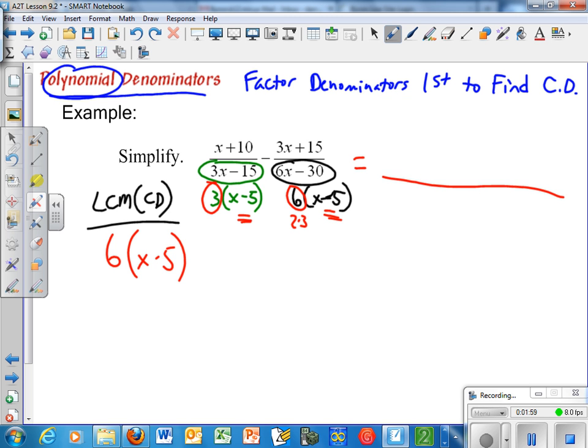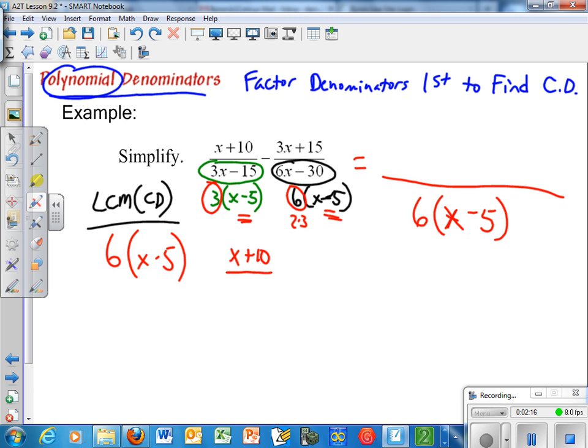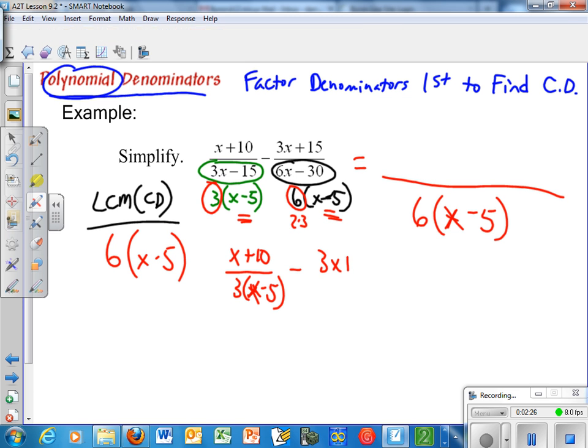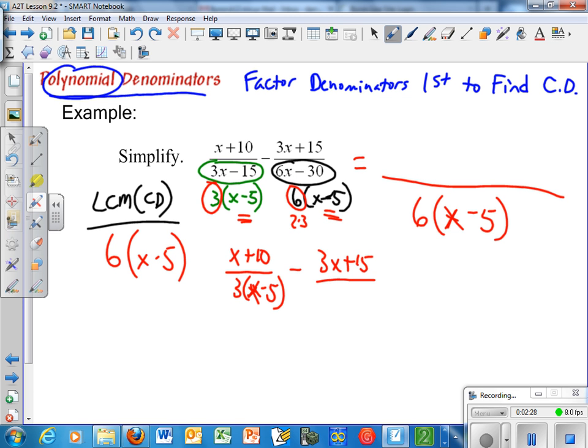All right. Let's take a look here, and you've got to show your work step by step. So my common denominator is 6 times x minus 5. I'm going to rewrite this just because I've been circling some stuff. So I really have x plus 10 in the first one, and then I have minus 3x plus 15, and over here I have 6 and x minus 5.